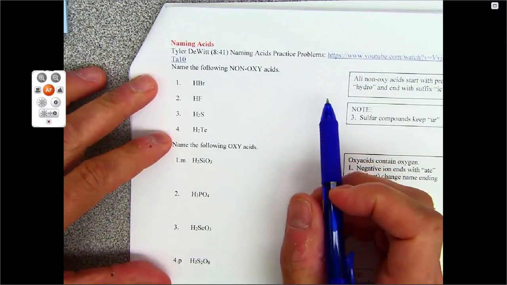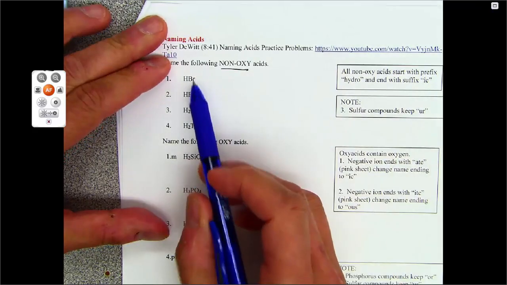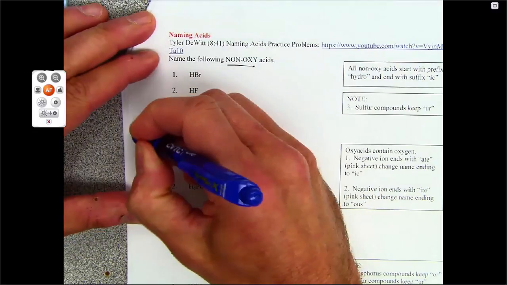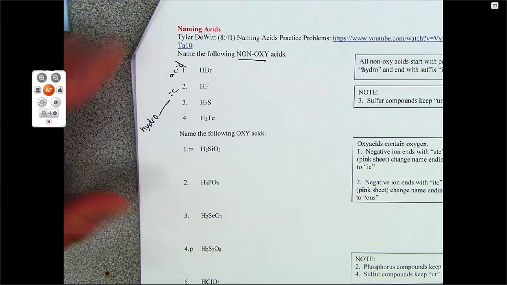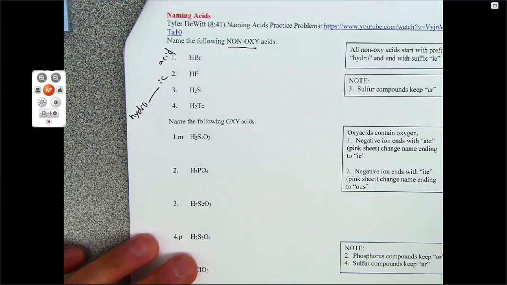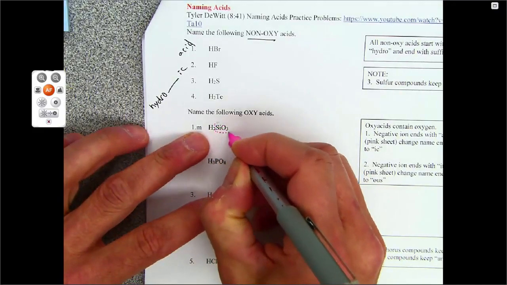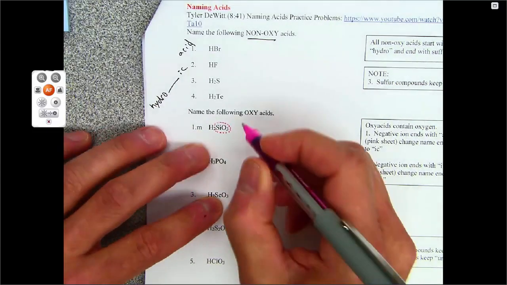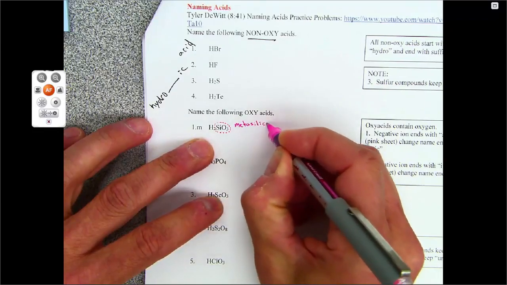These are great recordings. And these are non-oxyacids. All of these 4 here are going to start with hydro and an ic. All of these are going to start with hydro and the word acid. Then these here, all you have to do is look up the negative ion and change ate to ic, ite to ous. So this is metasilicate.